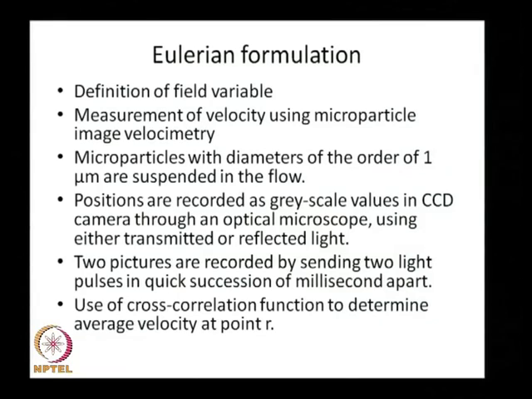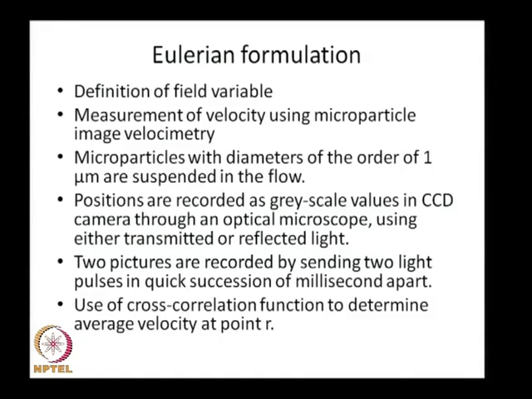The way this technique works is that microparticles with diameters of the order of 1 micron are suspended in the flow. Now, there would be a CCD camera that records, through an optical microscope, the transmitted or reflected light.